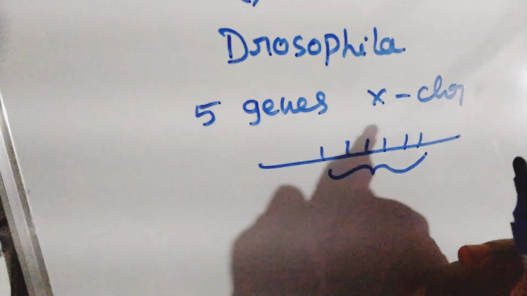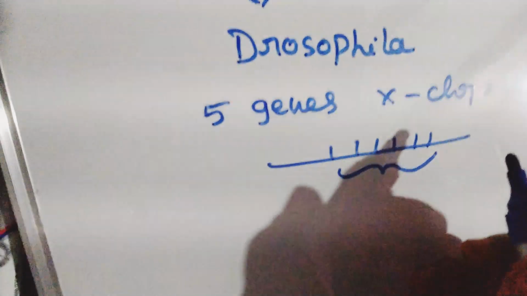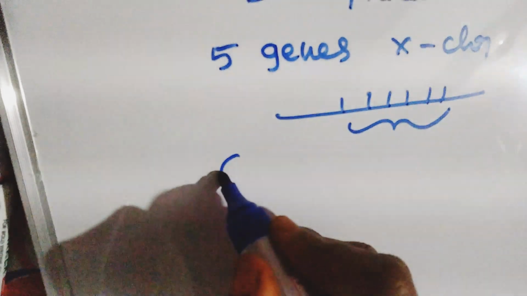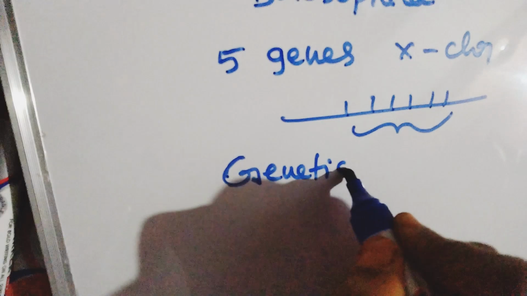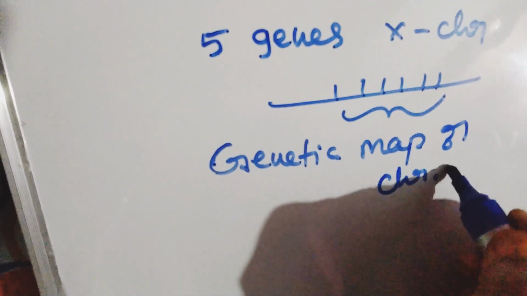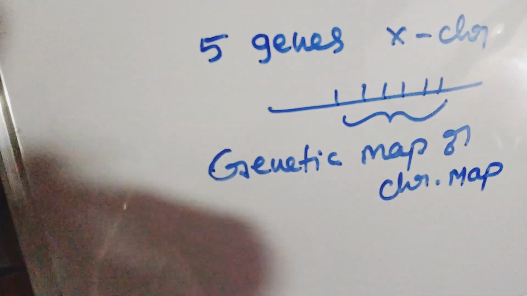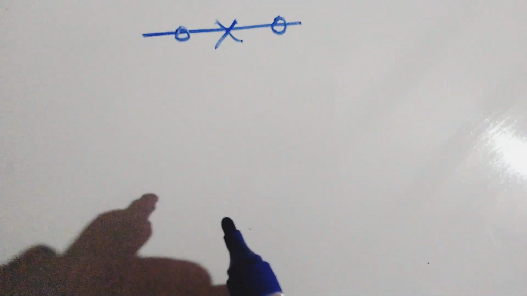This graphical representation of genes on a single chromosome is known as a genetic map or chromosome map. The distance between two neighboring genes is proportional to the frequency of recombination between them.